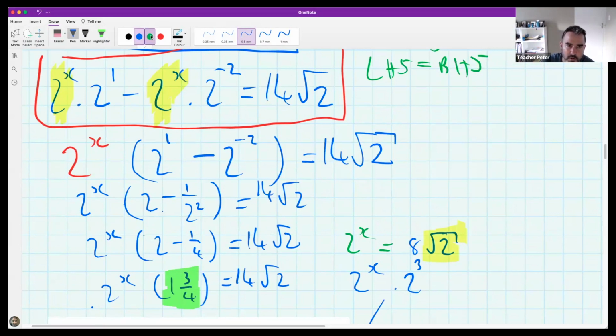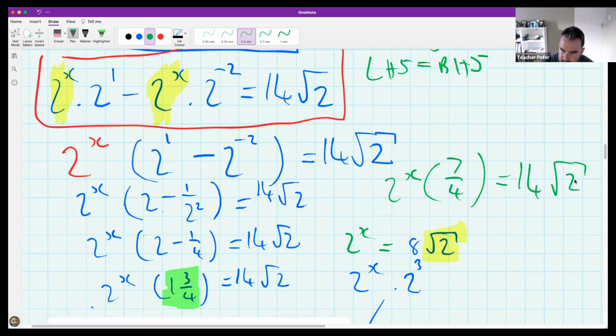So, and I'll use a different color. I'm going to say that I can rewrite this as 7/4, and then the 14 root 2 is still here. Now, I want to bring this to the other side. One way of doing that is just multiplying both sides by 4/7. The reason I chose 4/7 is I know that that will cancel out with those things.